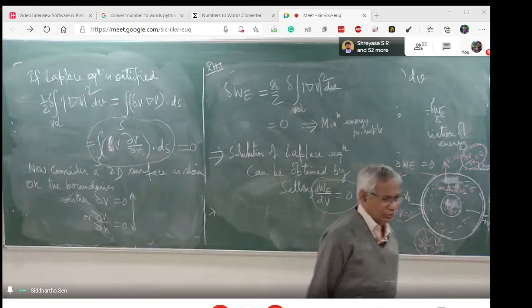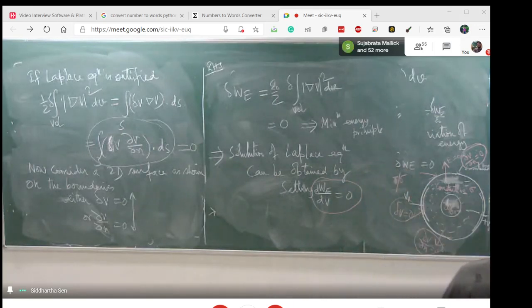Indirectly we solve the minimum energy principle problem and get the potential distribution. And if we can find the potential distribution, we can always find the resistance, capacitance and all these calculations.